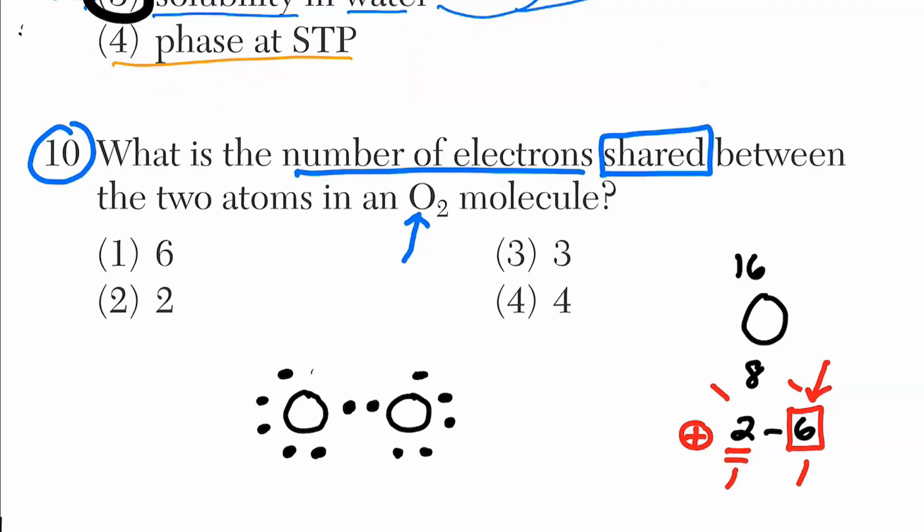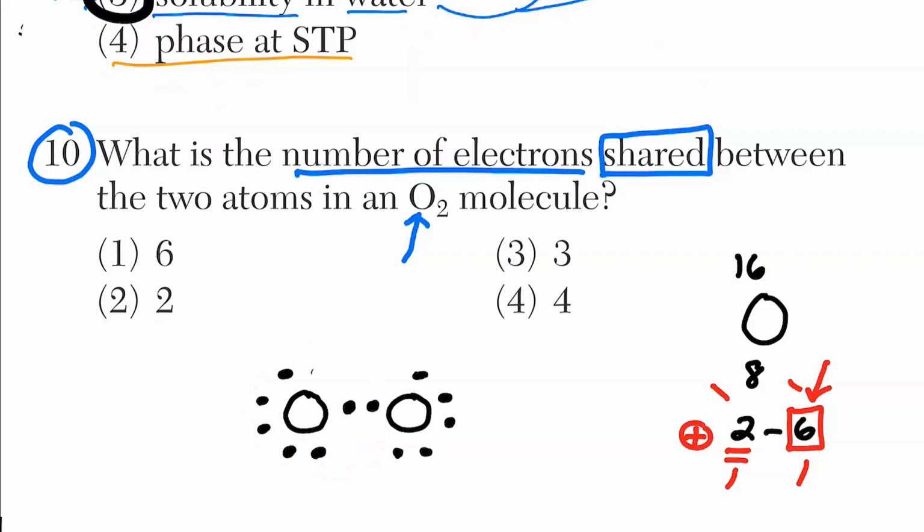Now, I'm going to evaluate what I have so far. By sharing, this oxygen feels like it has 1, 2, 3, 4, 5, 6, 7. And by sharing, this one feels like it has 1, 2, 3, 4, 5, 6, 7. Right? So I can see that this is not going to work because we know 8 electrons fills the octet.